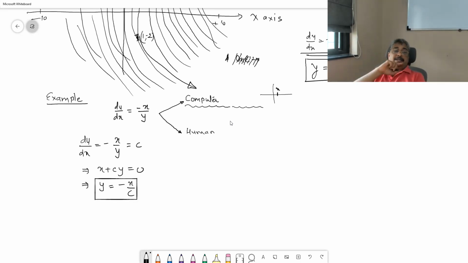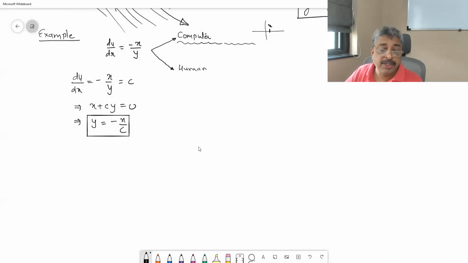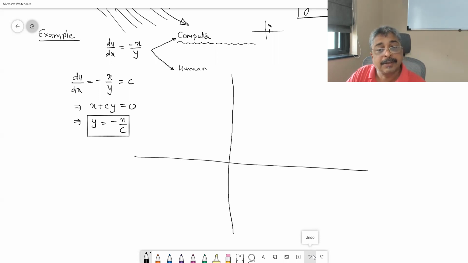Then you will try to find all the points in the plane having slope c. Let me demonstrate. Suppose I have the y-axis and x-axis, and suppose the value of c is equal to 1, slope 1.